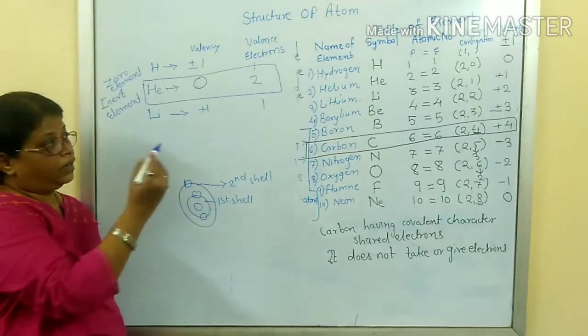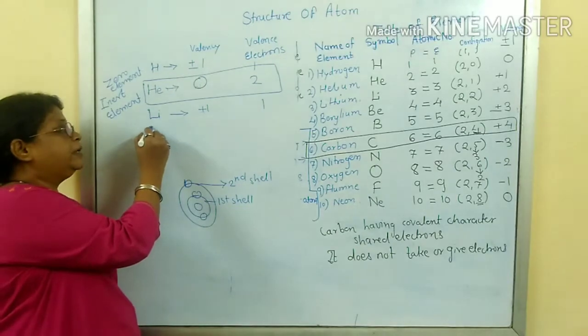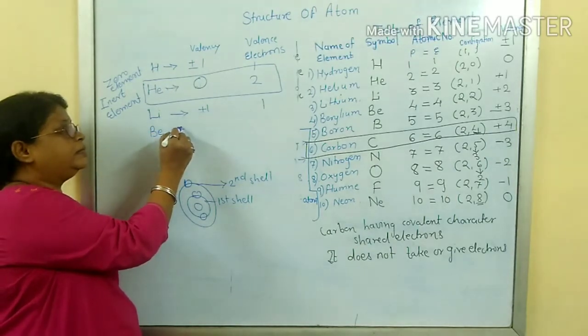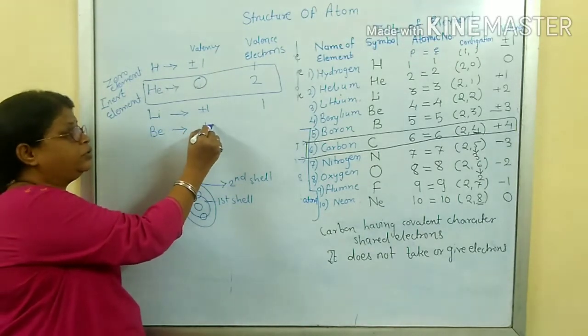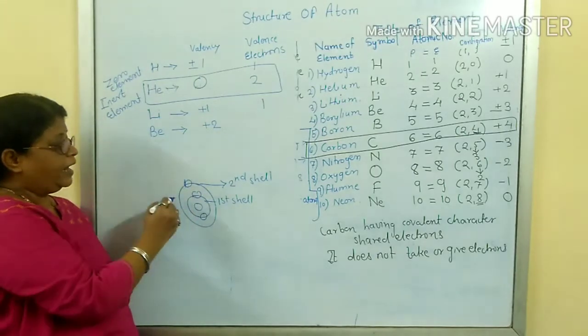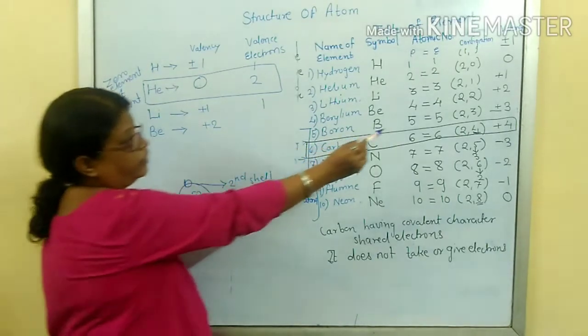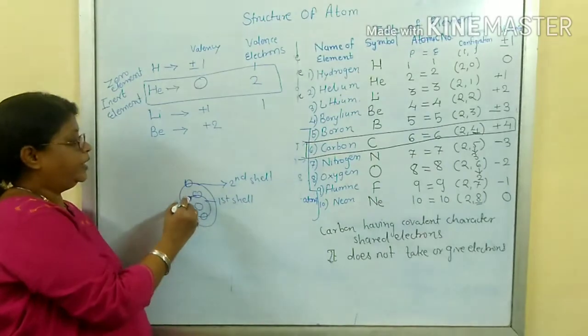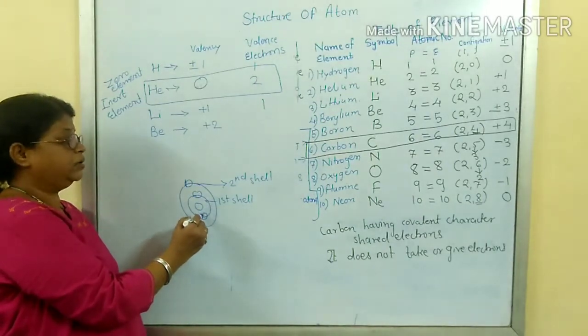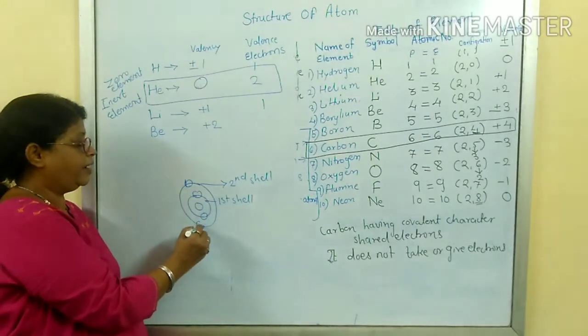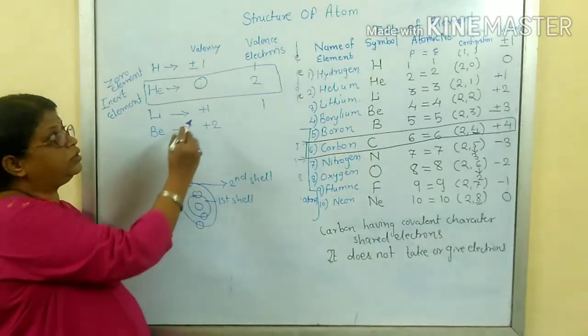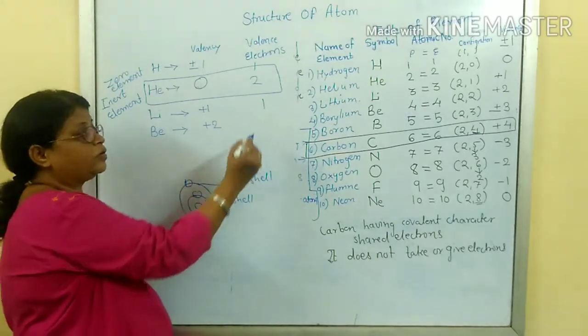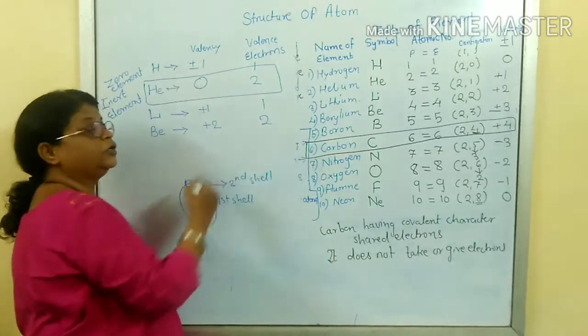Another example is beryllium. In beryllium, the valency is 2. It has 4 electrons: in the first shell 2 electrons, and in the second shell 2 electrons. So how many valence electrons are present in the outermost shell? 2.